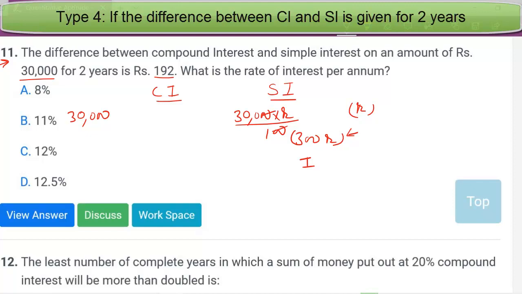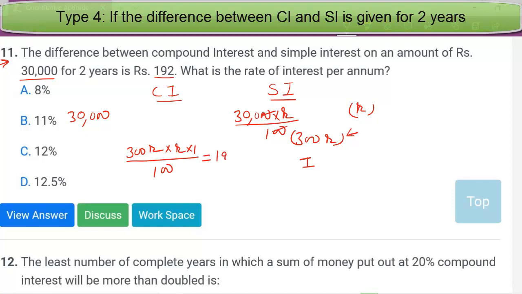In order to calculate the difference we have to do just one thing: take how much interest this 300 R is giving in 1 year. So I write 300 R multiplied by R into 1 year divided by 100. That is the difference which is being created, and it is given as 192.